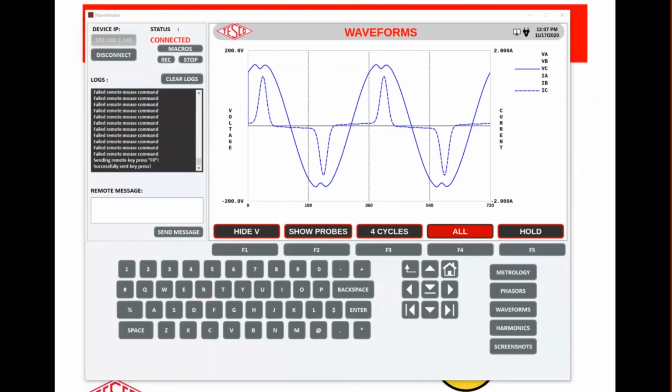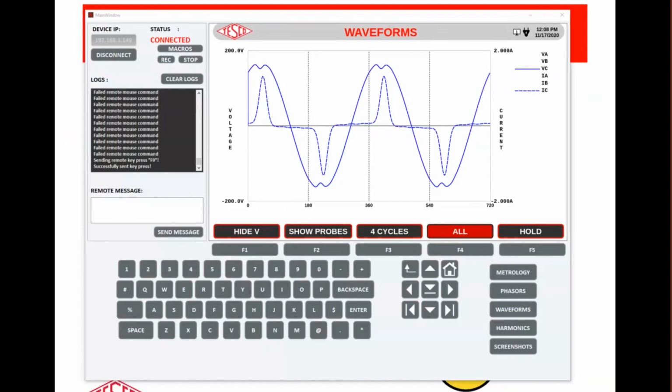And I come in and I change, let's see, that's phase C. I change the waveform that's in phase C. Lots of screens and lots of programs running.